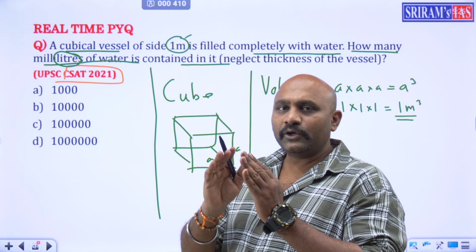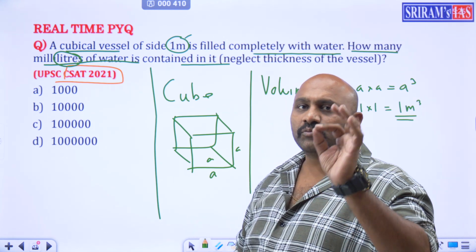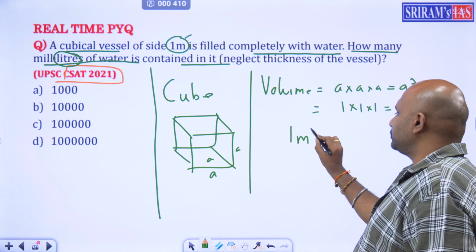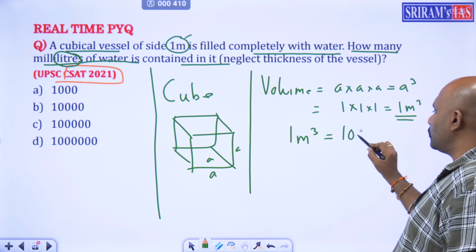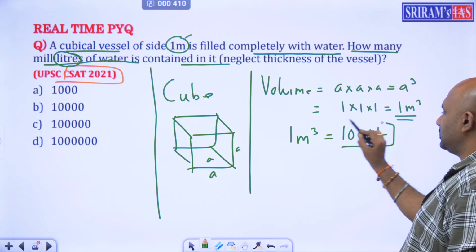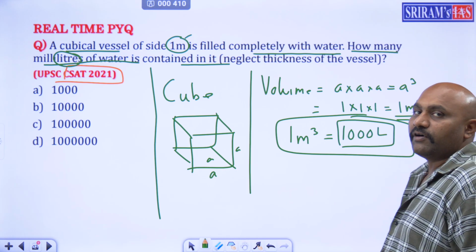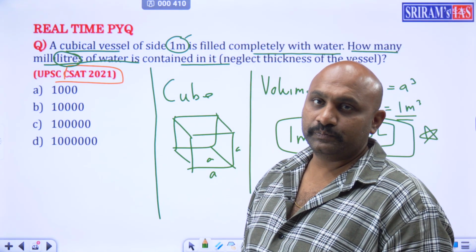The unit is given in meters, but he is asking for the volume in liters. The most important thing you have to know is that 1 meter cube consists of 1000 liters. This is the thing that a student is expected to know.